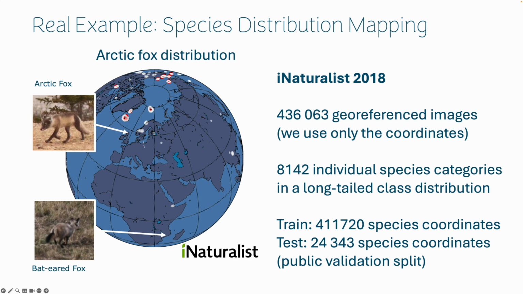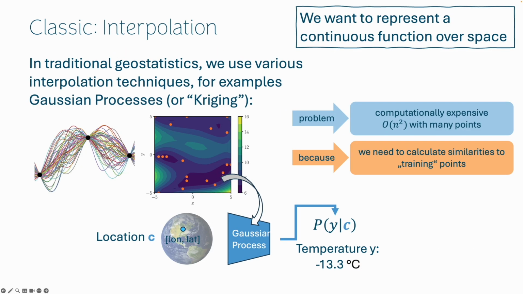And that's how we will use this data set, mainly for the location encoding, that we want to learn a map from individual points or observations that gives us a probability how likely this species will be found at this individual coordinate. So the classic approach here is to do interpolation.